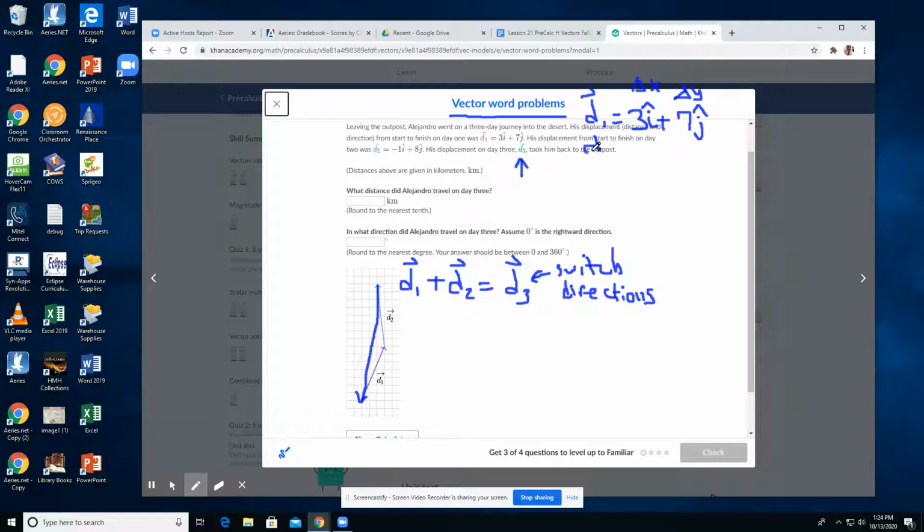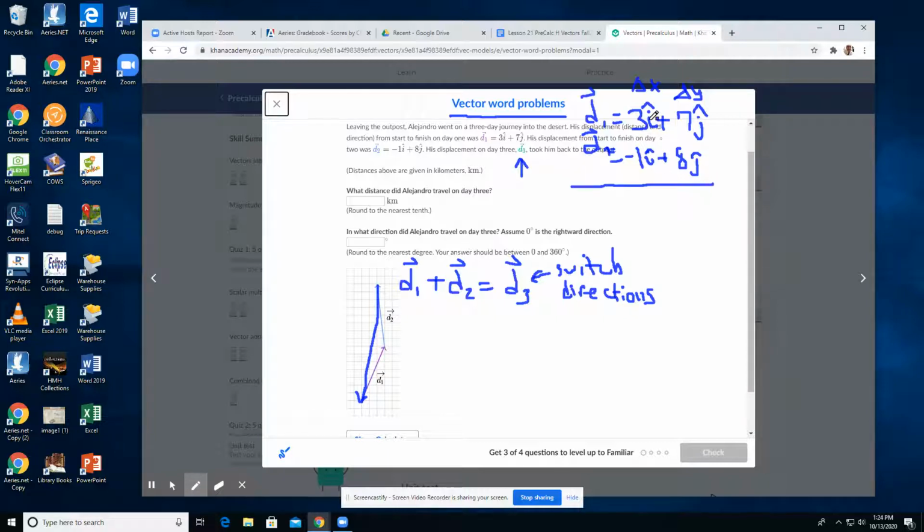And D2 vector, I'll put it right underneath it, is equal to negative 1i plus 8j. All right, so we'll add those together.